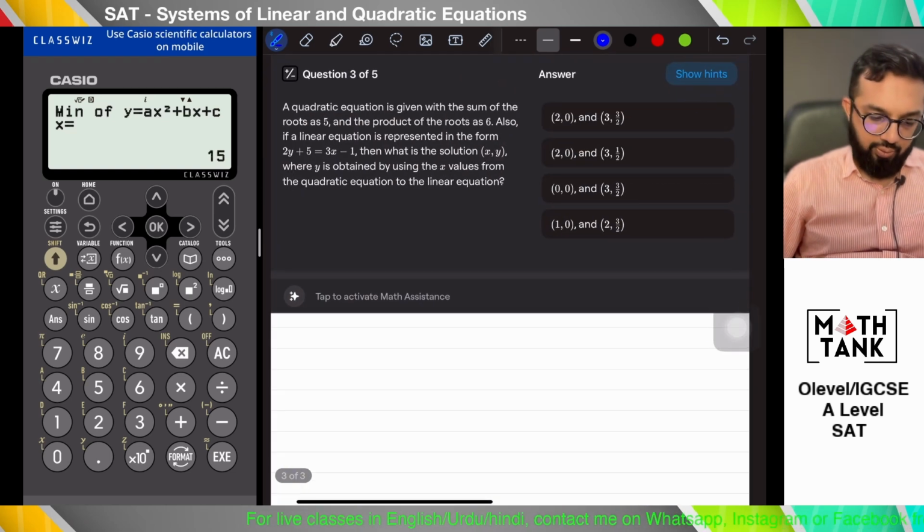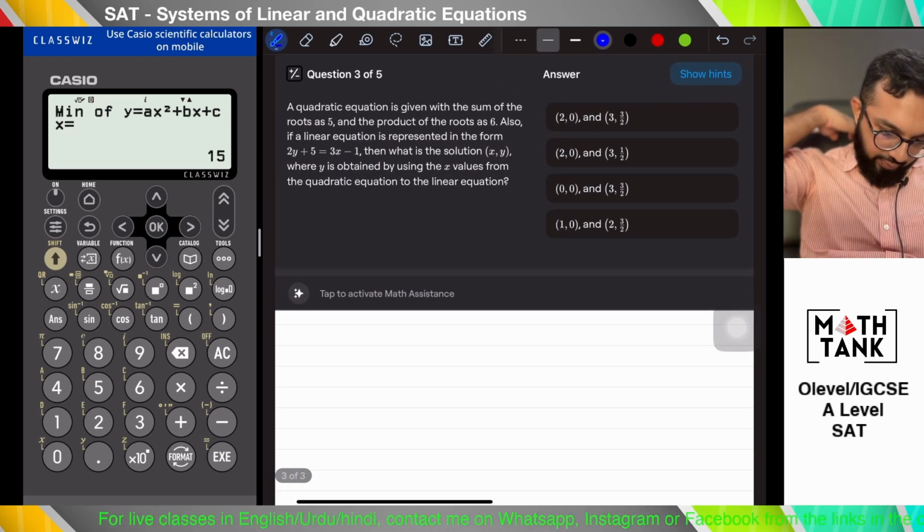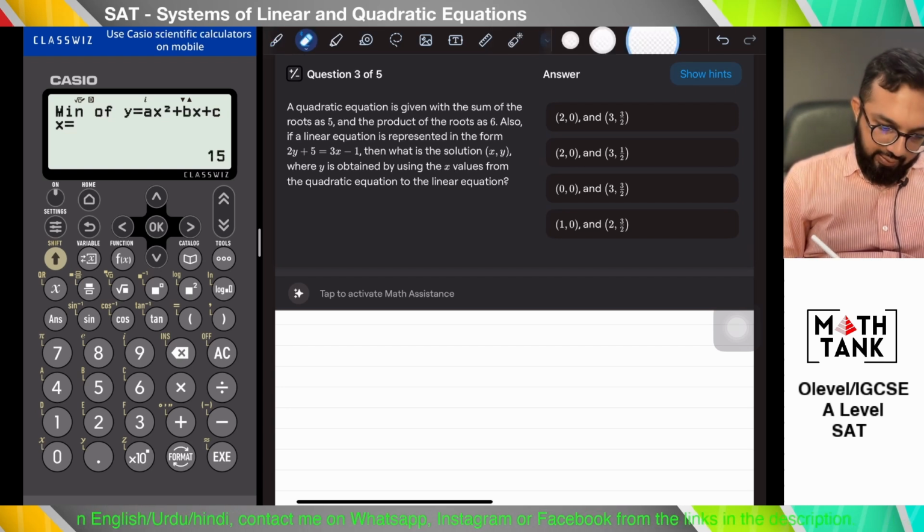It's a long question. It says a quadratic equation is given with the sum of roots as 5 and the product of roots as 6.